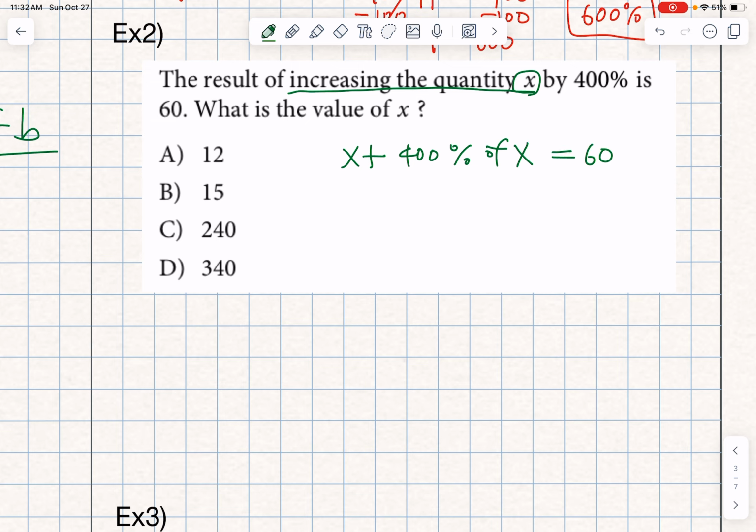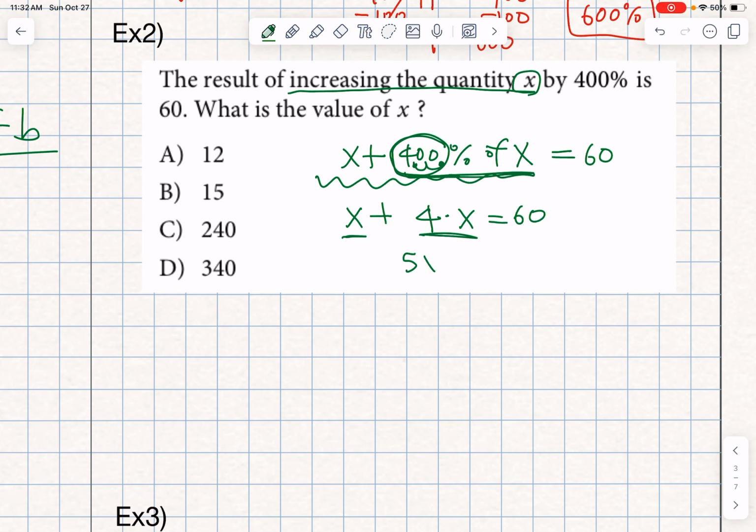You can set up the equation as 1x plus 400% of x, changing the percent to a decimal by moving twice to the left, which is 4, and of means multiply, x equal to 60. So x plus 4x becomes 5x equal to 60. Then divide by 5 on both sides. Then x equals 12. That's simply how you can do it.